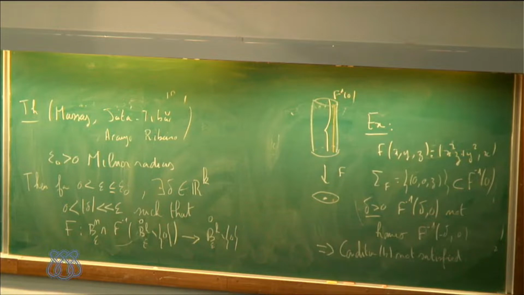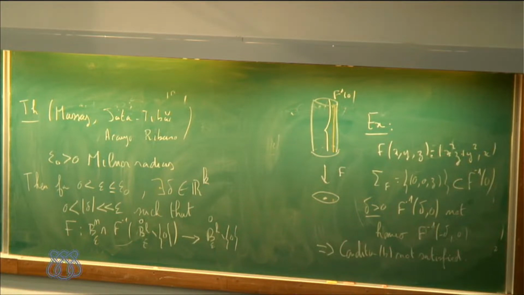So now I assume that k is greater or equal to 3. And I consider a function phi by just removing the last coordinate of f.